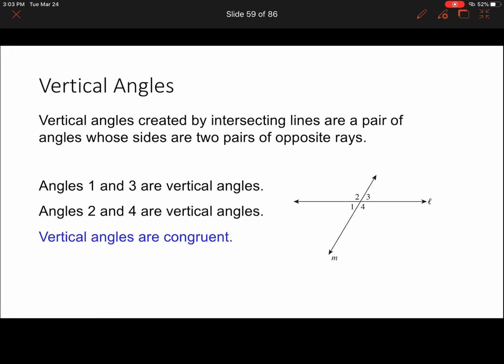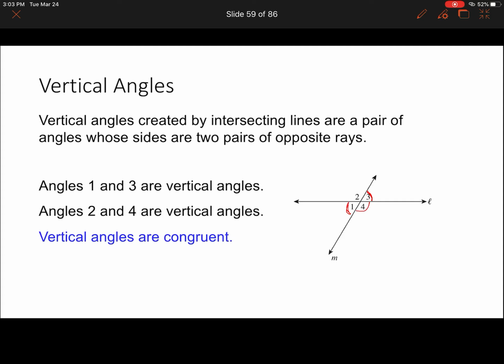And so the first type of angle that we're going to talk about are what we call vertical angles. And in one of the previous videos, I mentioned vertical angles just very briefly. And so here we're going to get into a little more detail. So if you look at this diagram to the side, vertical angles are formed when two lines cross and they are, for lack of a better term, opposite of each other.